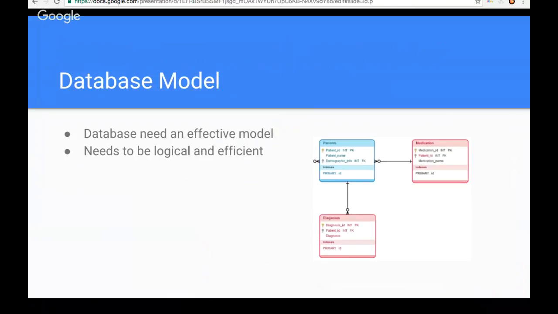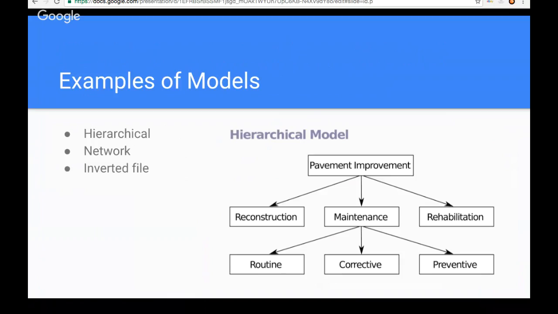So, database models. Databases definitely need an effective model, and the model needs to be logical and efficient. As you can see, there are three different tables here, one being blue and two being red, and the two red ones rely on the blue one, as does the blue one on the two red ones. So then there are some examples of database models.